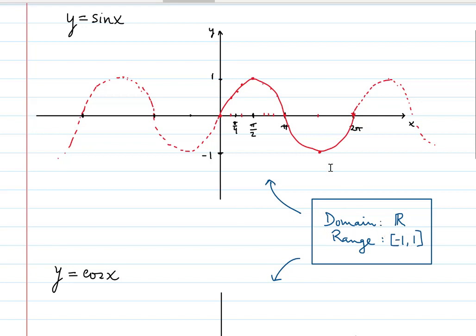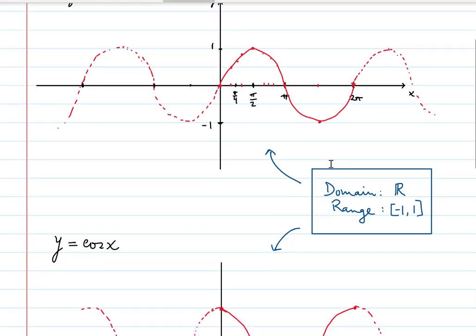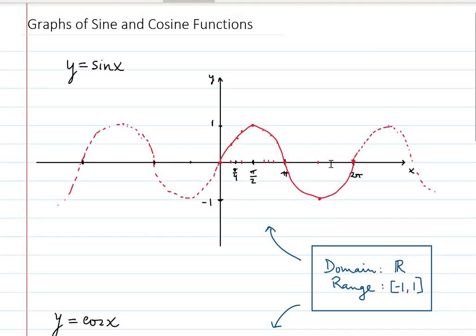Okay, something different here would be the symmetry. And this goes back a little bit to what we said at the end of the previous section about even and odd functions. So if you remember your even and odd functions from your algebra course, we said that the sine function was an odd function.